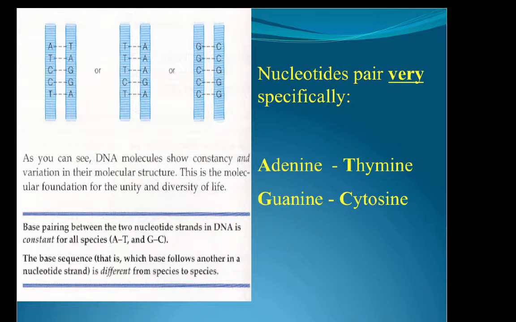The nucleotides also vary, but it's very specific how they vary. Adenine is always going to pair with thymine, and guanine is always going to pair with cytosine. We're going to study this more in depth, and you will have a better idea of why those nucleotides pair with each other and only each other in future chapters.